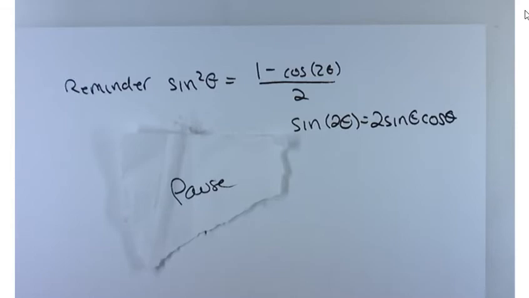I'm not sure we got this. From here to here, I'm not sure that you can get that. You're not going to integrate this with the u substitution. I don't know if that's your theta or not.